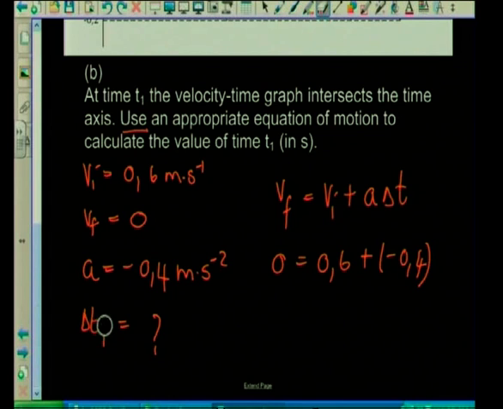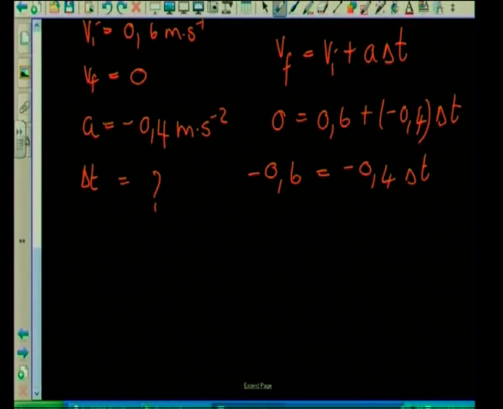Let's take the T1 out for now. I'm going to explain in a second why I want to do that. Okay, and that's delta T. So delta T is minus 0.6 divided by minus 0.4, which gives us 1,5 seconds.